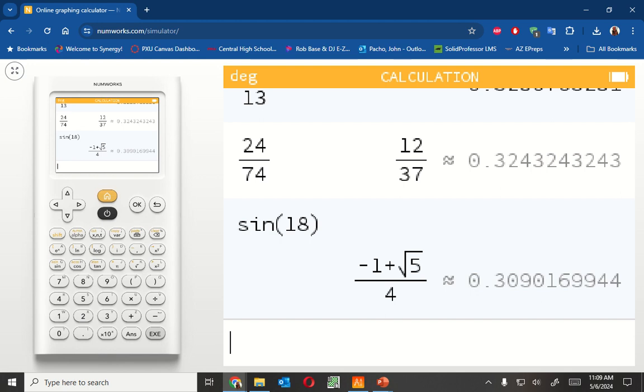If yours says RAD right here, you are wrong. My answer is going to be 0.3090.